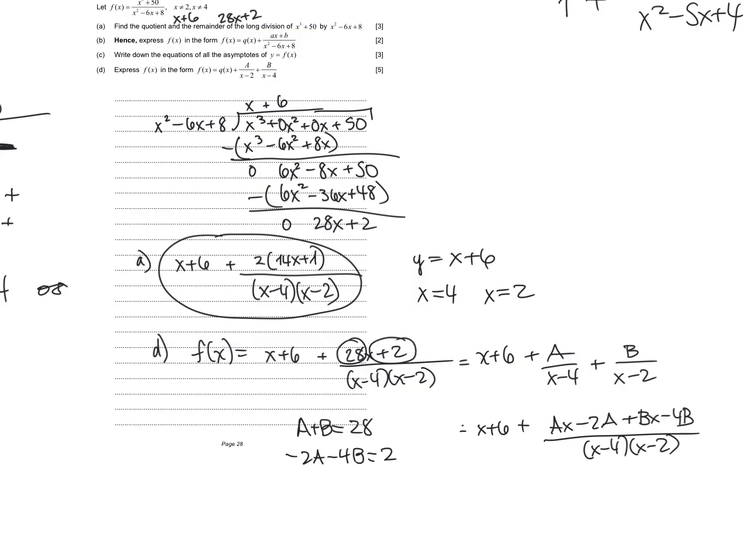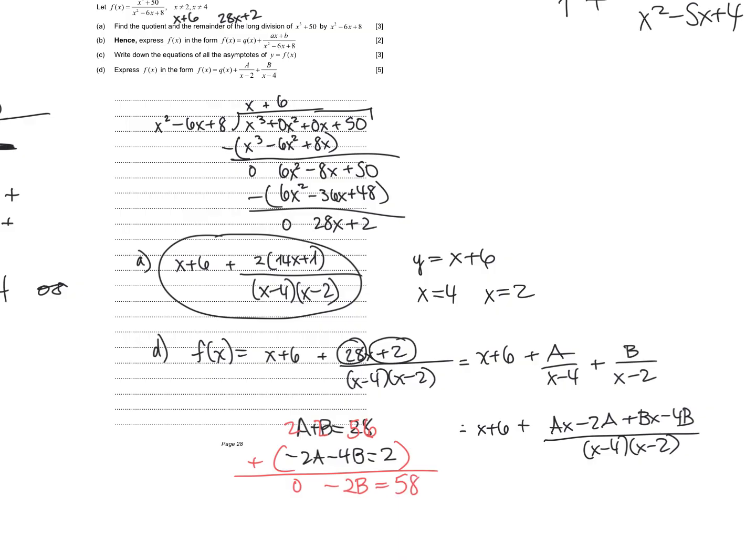And so I think I'm just going to multiply by 2, and this is 56. And then I'm going to add. So 2a plus a negative 2a is 0, 2b plus a negative 4b is negative 2b, and 56 plus 2 is 58.